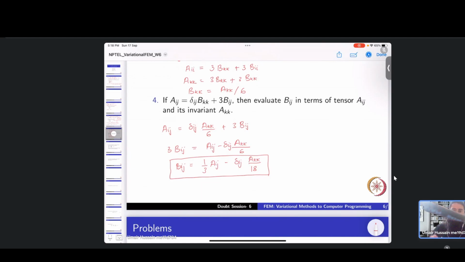Sorry, there's something blocking my camera. Just a minute, let me configure my screen again.